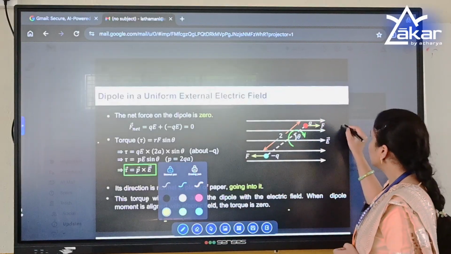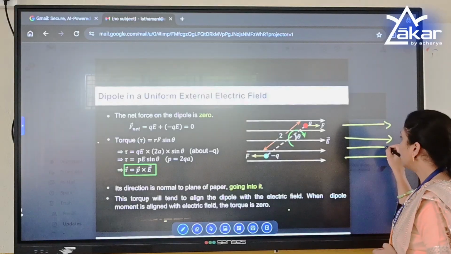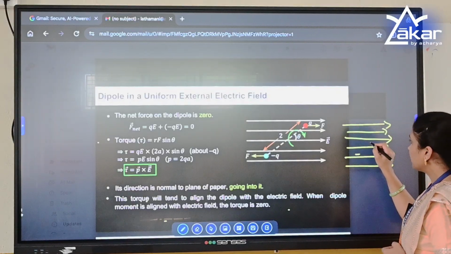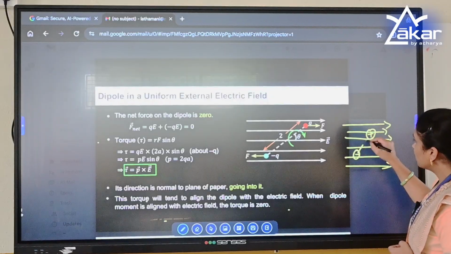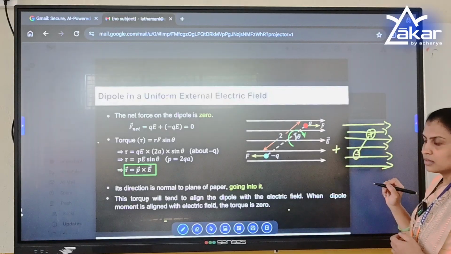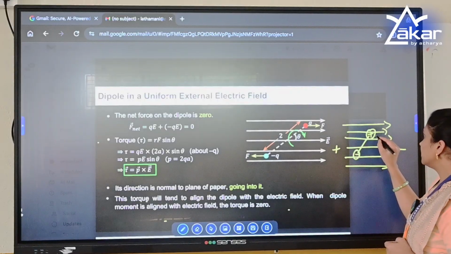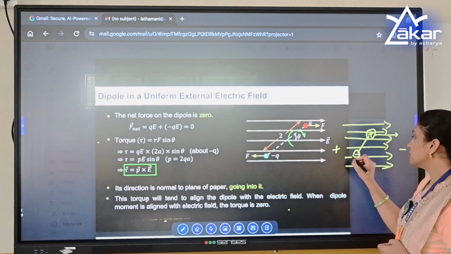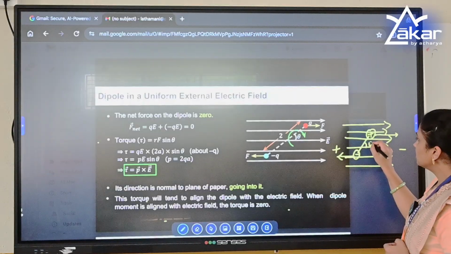So if you place an electric dipole in the uniform electric field like this, from minus to plus, the plus charge is attracted towards the negative side and the minus charge towards the positive side. Then it makes an angle theta.